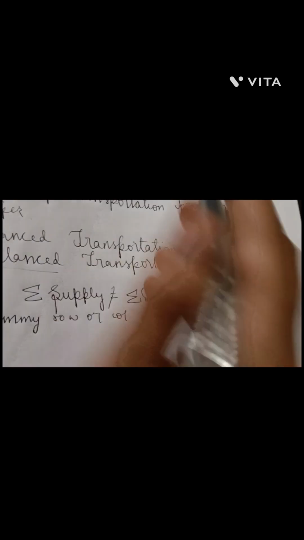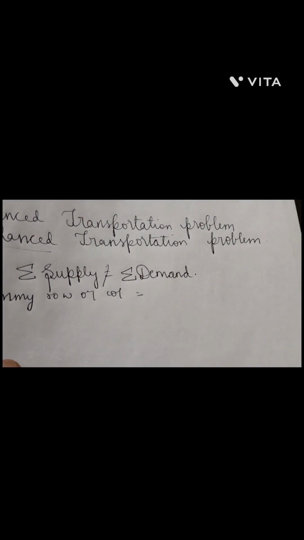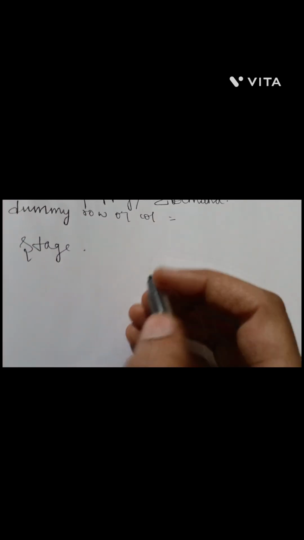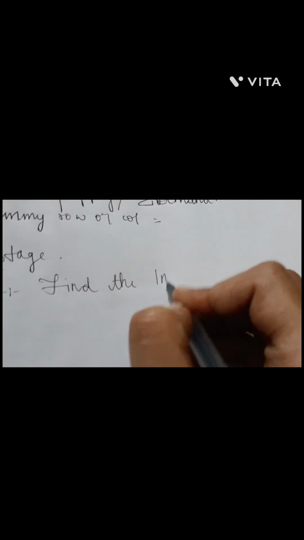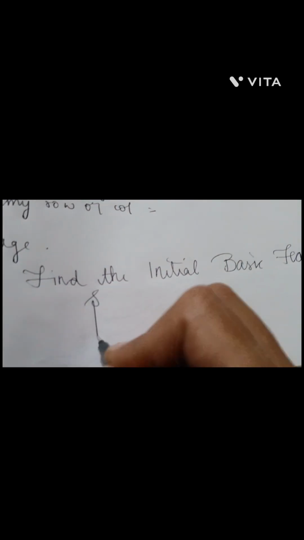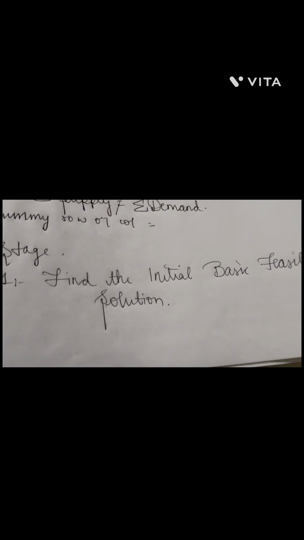So now once the problem is ready to solve, it is done in two main stages. The first stage is finding the initial basic feasible solution. This is going to be our first step.